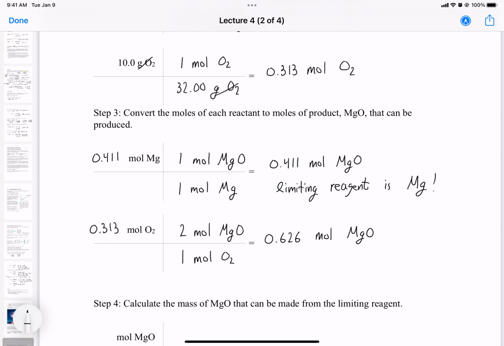In every chemical equation, when you know both amounts of all the reactants, you need to determine the limiting reagent. If you don't, you will not arrive at the right answer, and you won't get all the points for an exam or a homework question. So when you have finite values for both reactants, you must calculate or determine the limiting reagent.